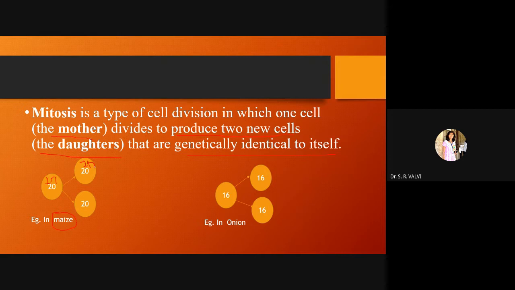If the chromosome number is going to reduce, or increase, in a daughter cell, then some kind of abnormalities may occur within the plant. Even in animals, if the chromosome number increases or decreases, then we have cancerous cells in our body, right?